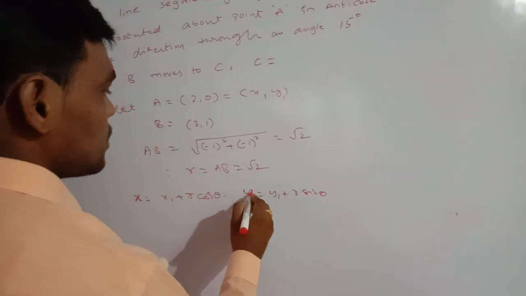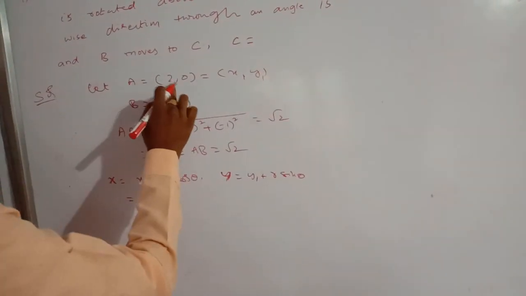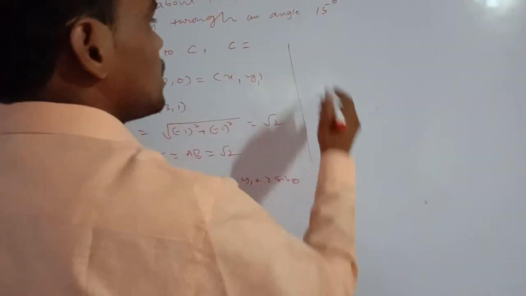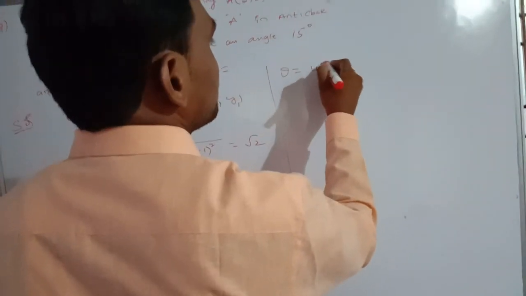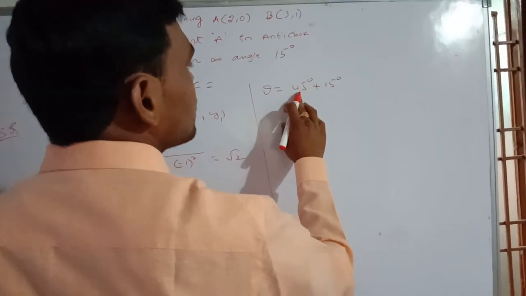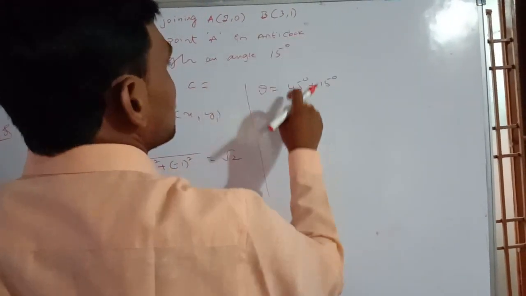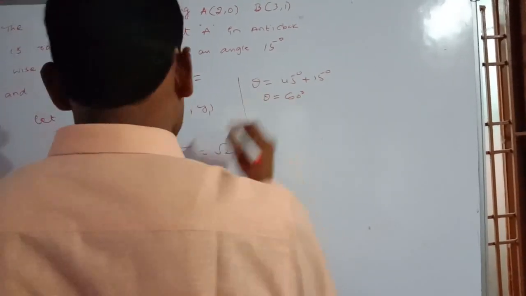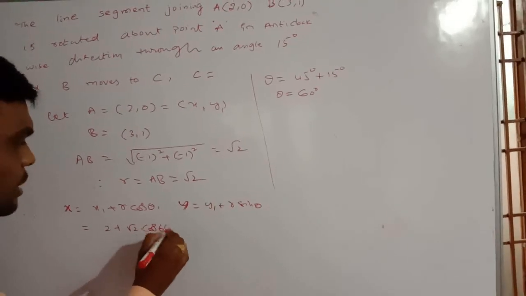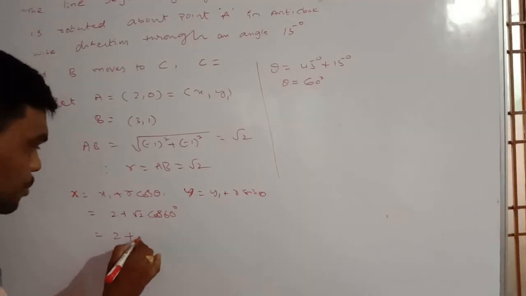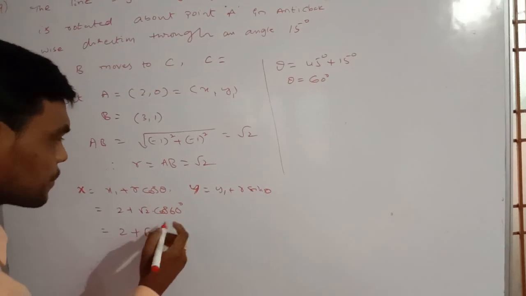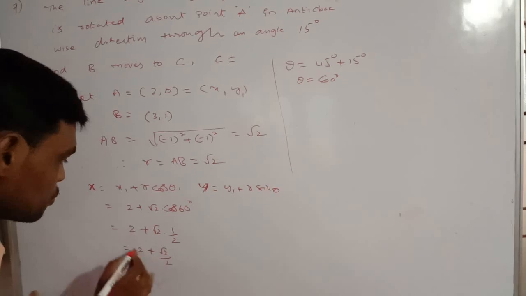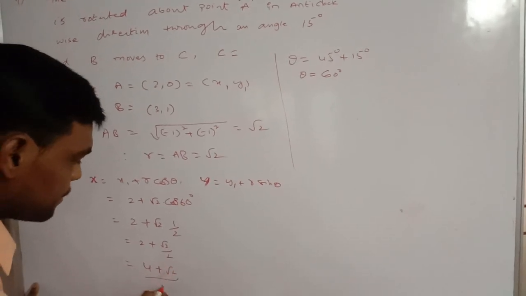X is 2 plus root 2 into cos theta, where theta is equal to 45 plus 15, because the line segment makes an angle of 45 degrees. So theta is 60 degrees, and cos 60 is 1 by 2. So this is 2 plus root 2 by 2, which is (4 plus root 2) by 2.